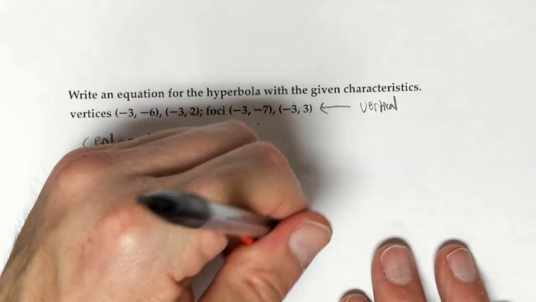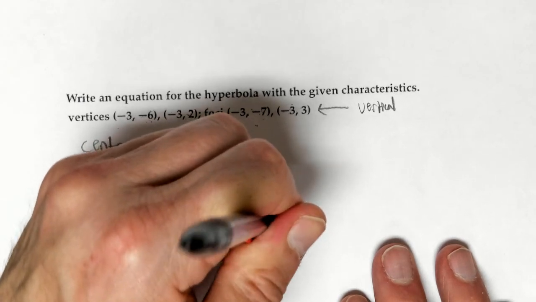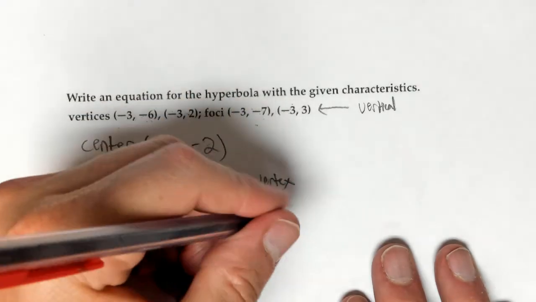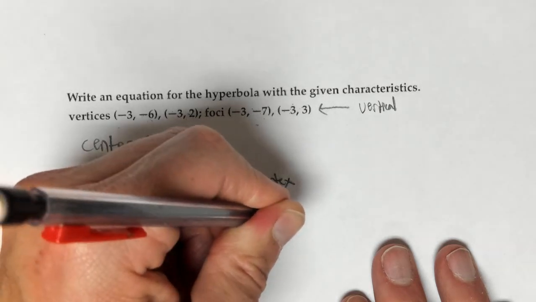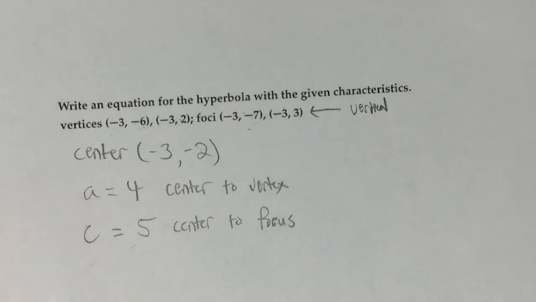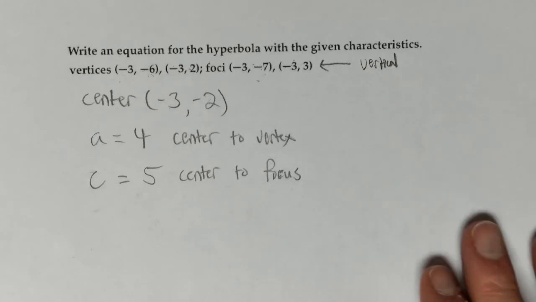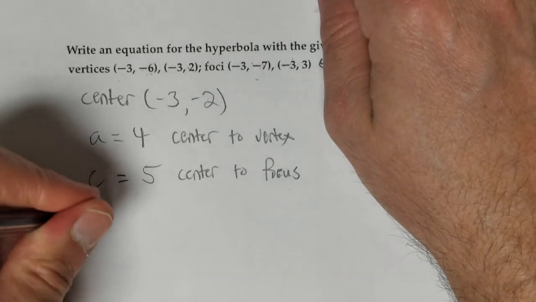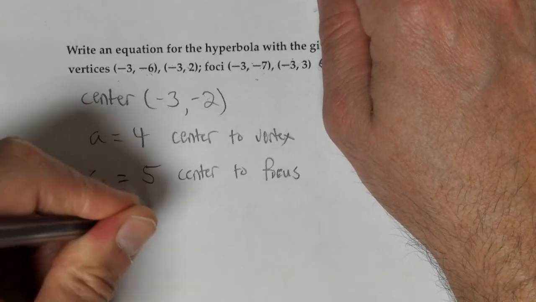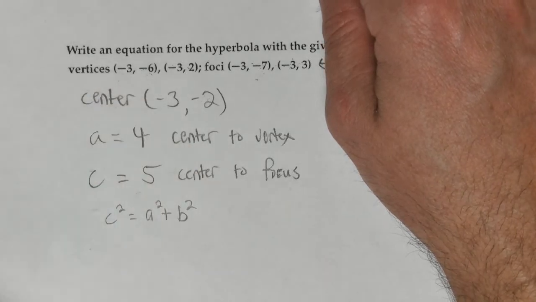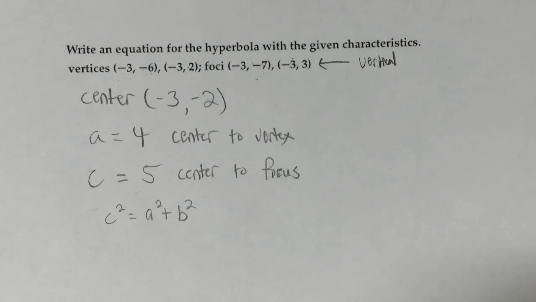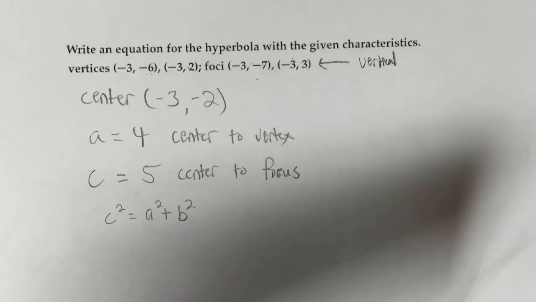Remember, c is not a value that we need in order to write the equation, but c is going to help us find b, which we do need for the equation. We'll have this equation: c squared equals a squared plus b squared this time. That's how the three values are related.